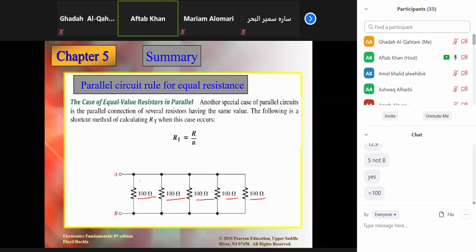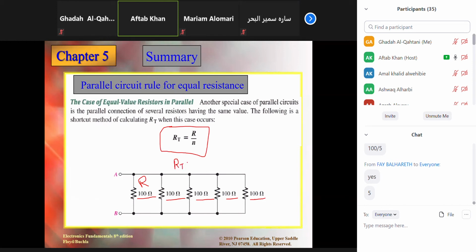Let's suppose this is R. So all are R. If you put these in place, RT is equal to R over N. What is N here? The number of resistances connected in parallel. So it's so simple to calculate the total resistance if you have multiple resistances of the same value connected in parallel.